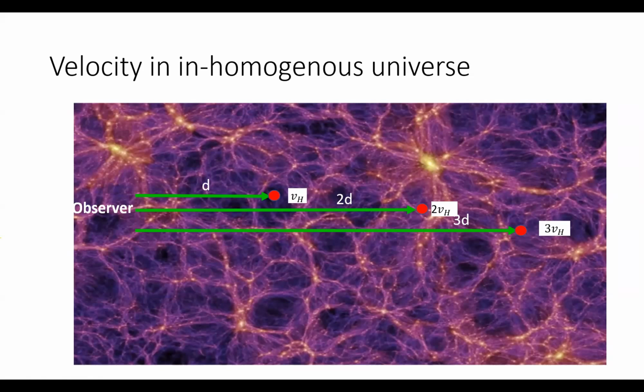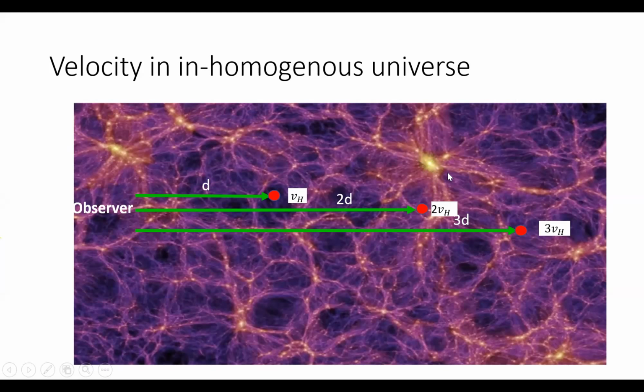This is local gravitational attraction, and because of it, the object will have an extra velocity. So this particle in the void will try to move out of the void because of the attraction from the surrounding high density regions. The second particle will have a very strong gravitational attraction from the nearby high density cluster region.